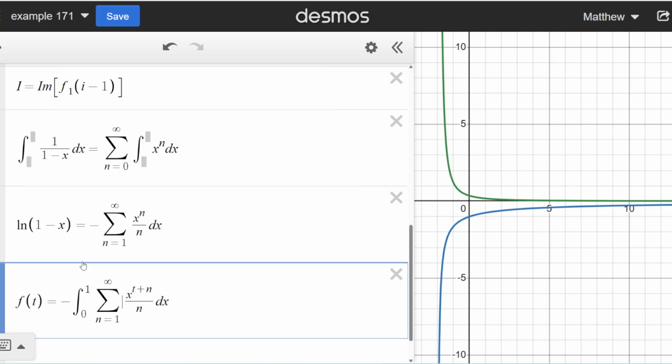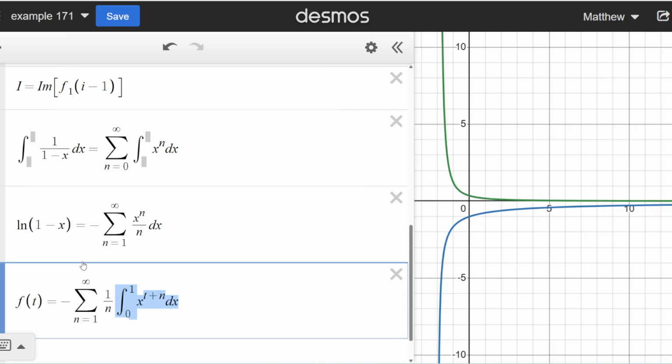Then we can switch the summation and integration, and bring this 1 over n outside. And then this whole thing right here is going to evaluate to x to the t plus n plus 1 over t plus n plus 1, from x is equal to 0 to 1.